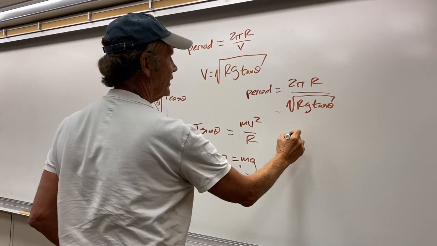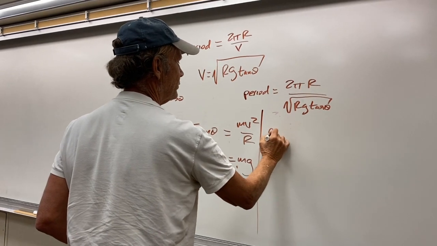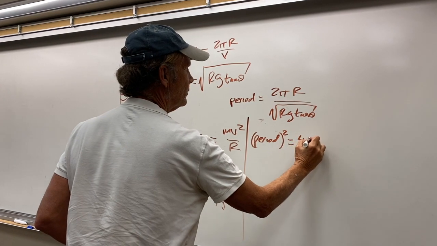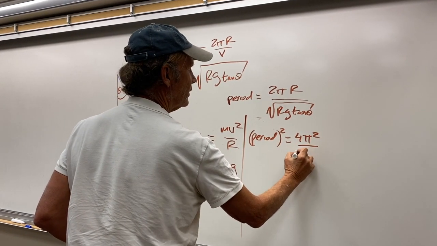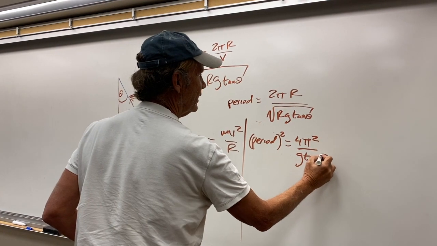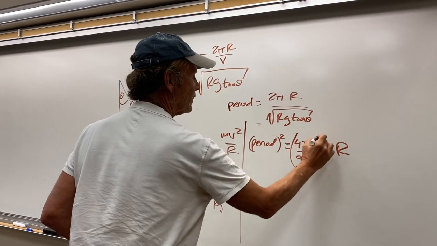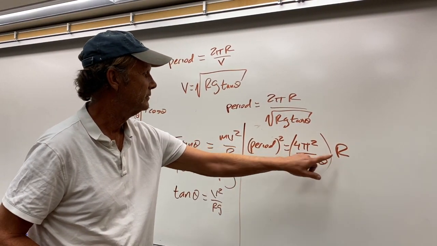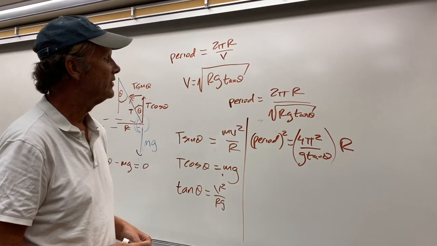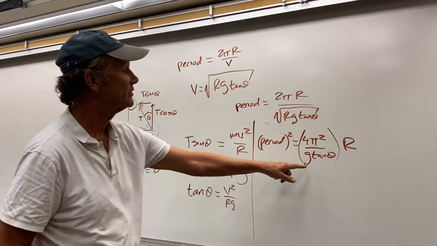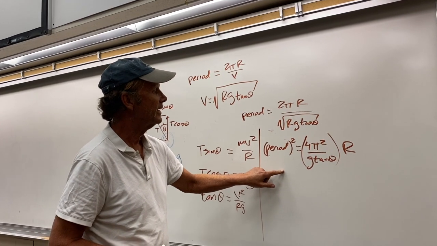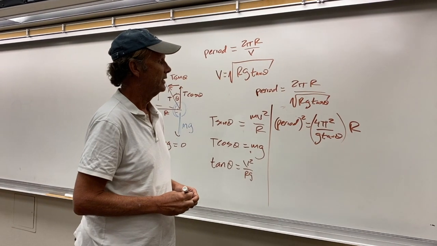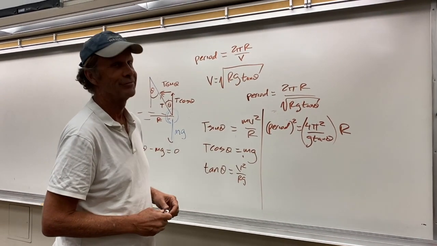Then if we square both sides of this equation, we get the period squared is equal to 4 pi squared over g tangent theta times r. And so in one part of the lab, you'll be asked to plot the square of the period versus the radius for the simulated conical pendulum, the computer simulation for that.